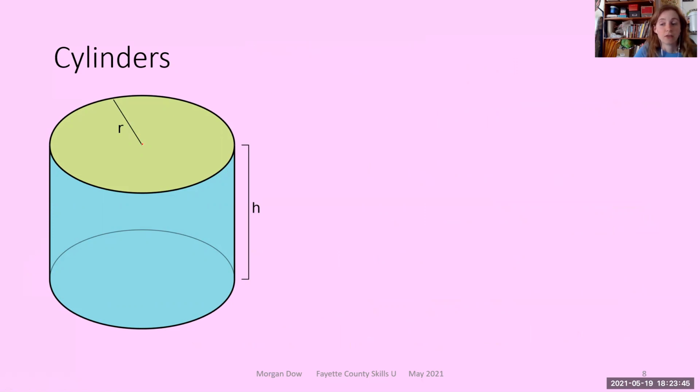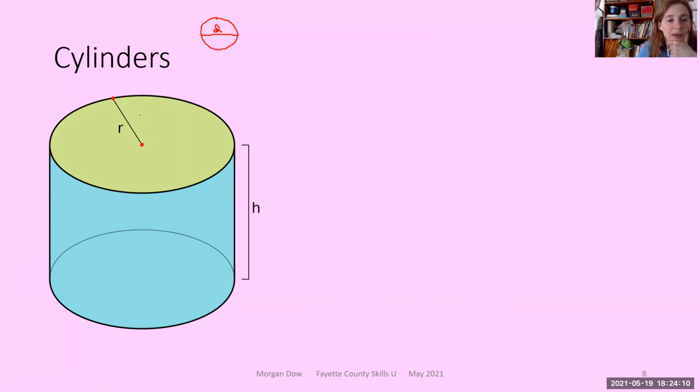So we want to remember that radius of a circle is the measurement going from the center to the edge. That's the radius. That's a little bit different from the diameter. The diameter is the measurement going all the way across through the middle of the circle. So if you know the diameter, it's pretty easy for you to determine the radius of the circle.